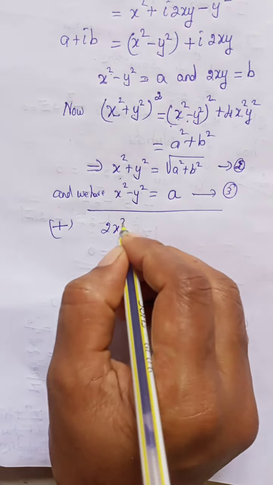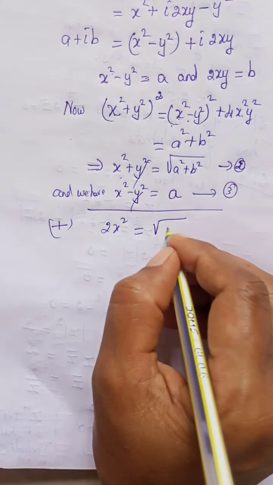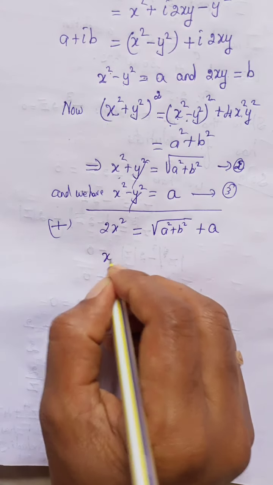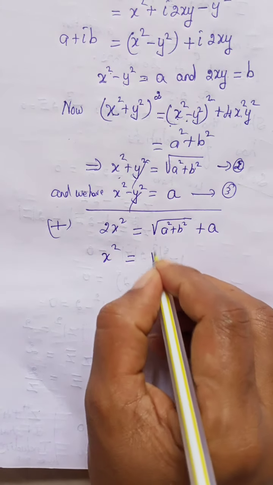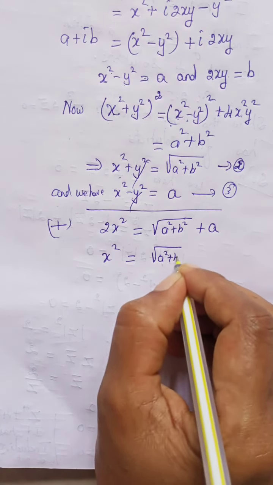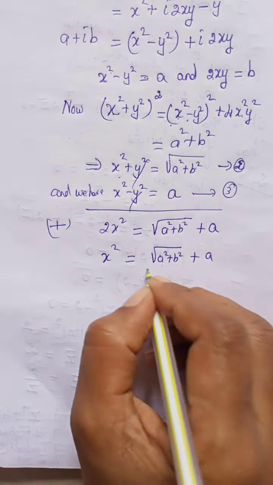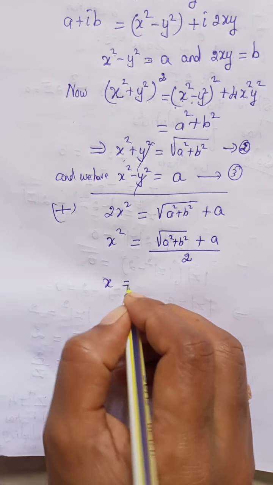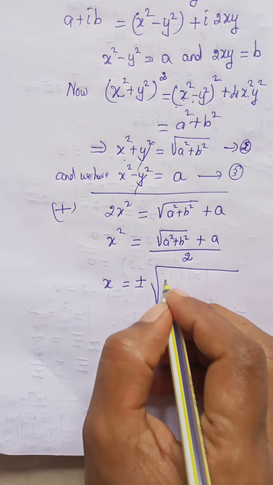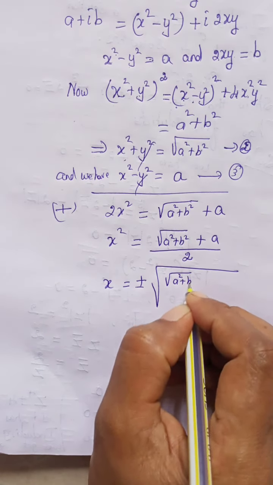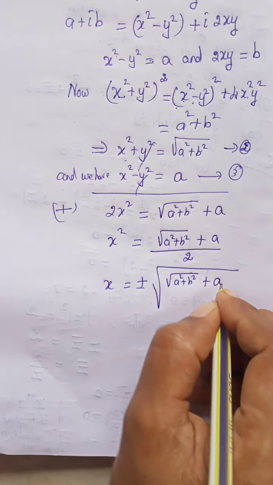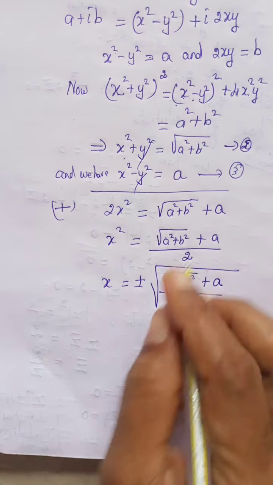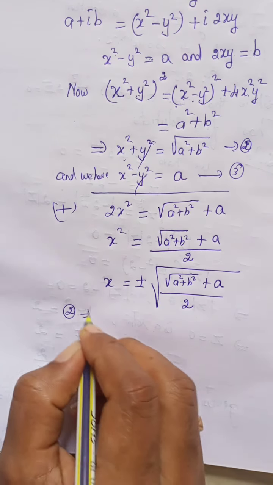So 2x square is equal to root of a square plus b square plus a, or x square is equal to root of a square plus b square plus a, the whole divided by 2. So x is what we will be getting?